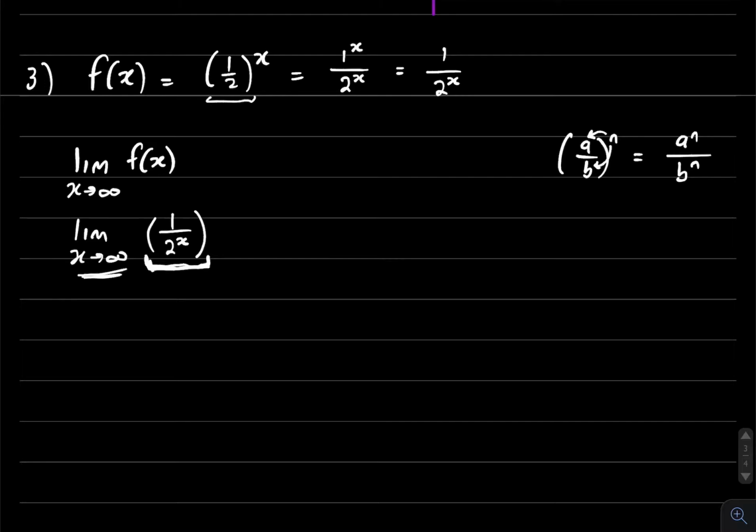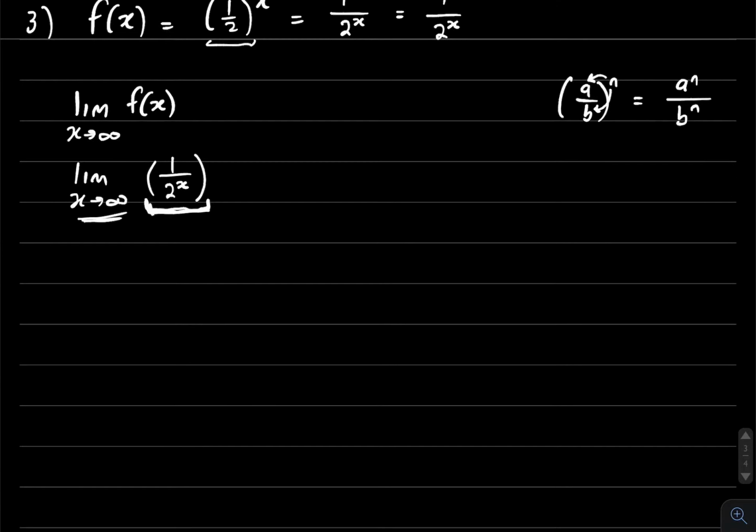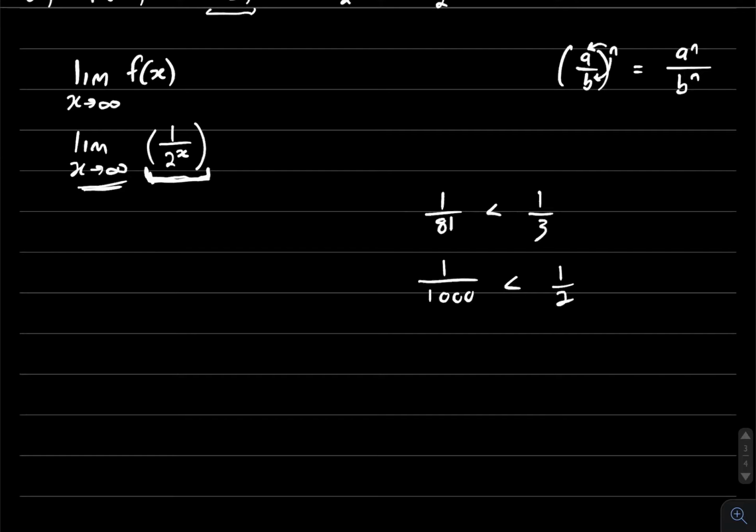Think of it this way. We know that a fraction like 1 over 81 is smaller than a fraction like 1 over 3, right? We know that 1 over 1000 is less than 1 over 2.